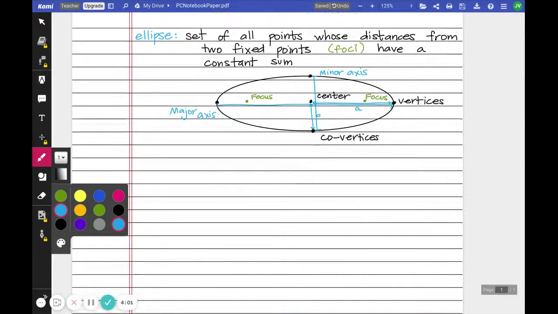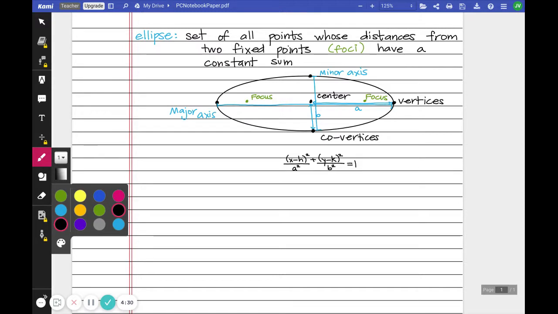So here we go. We are going to talk through 2 equations for these ellipses, and the first one's going to be our horizontal ellipses. So I'm just going to go x and then I'm going to put A underneath x for this first one and B underneath y.